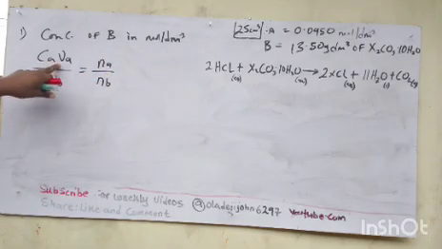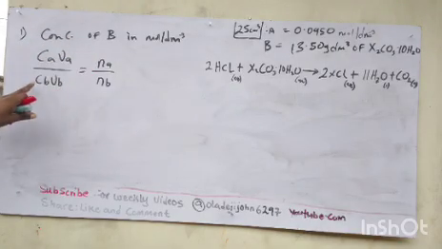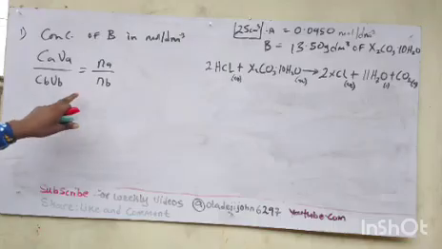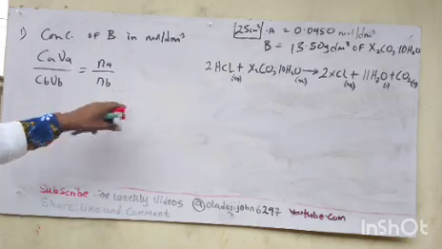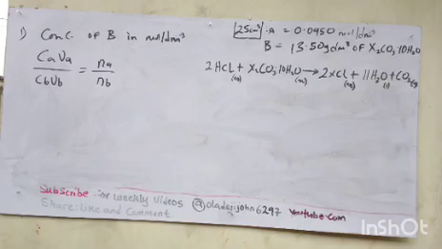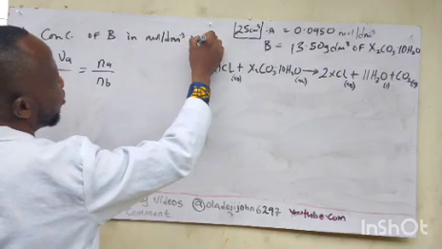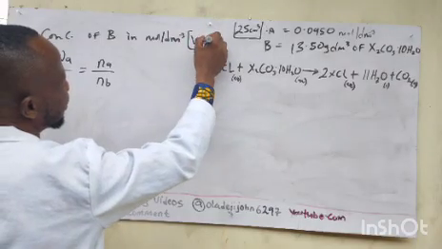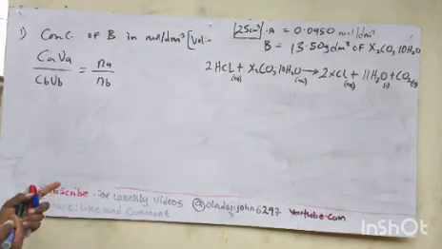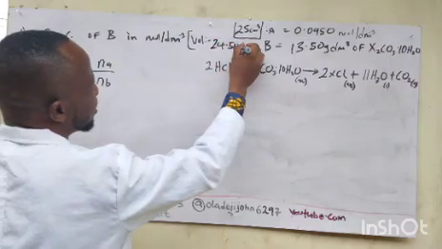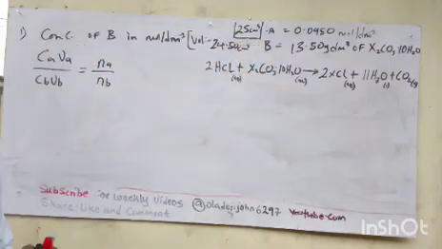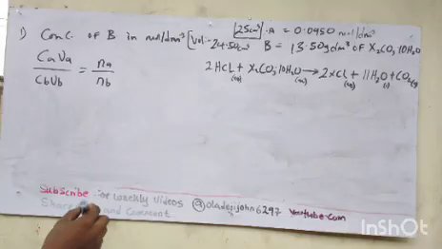Of course, concentration of acid, volume of acid used, concentration of base, volume of base, number of mole of acid, and number of mole of base. So in this case, what is our volume of acid? Volume of acid is our titre value from what we have, and it is 24.50 centimeter cube.